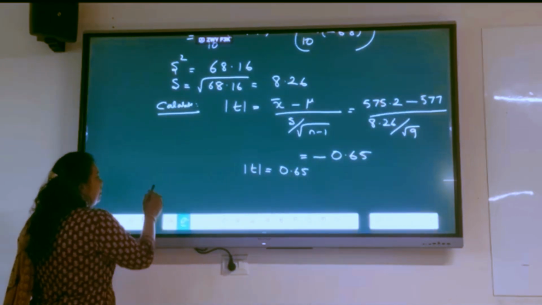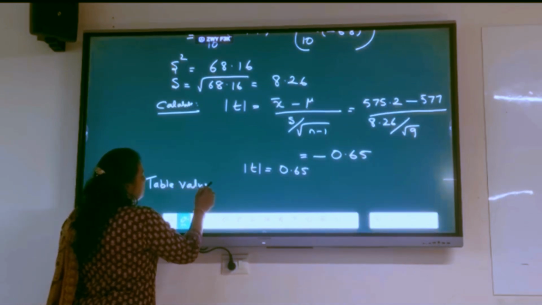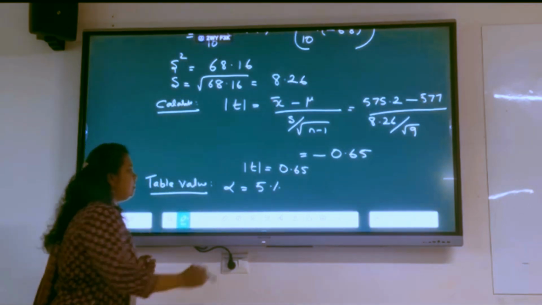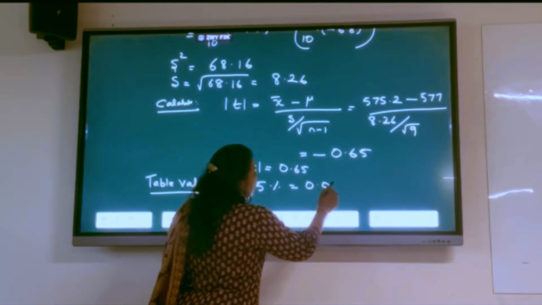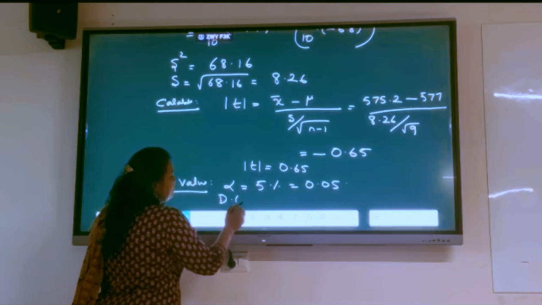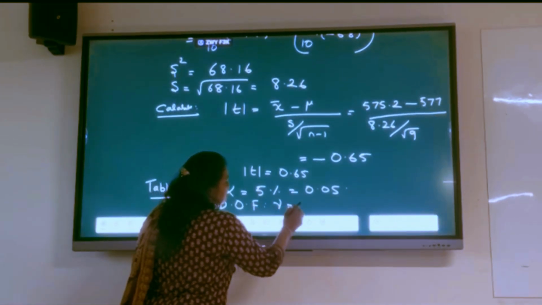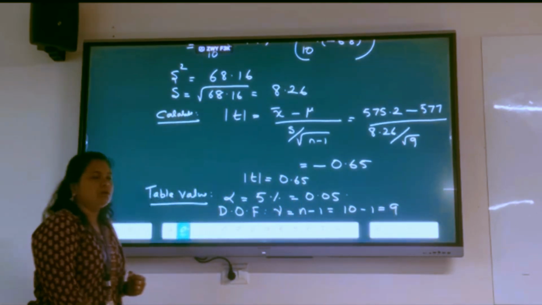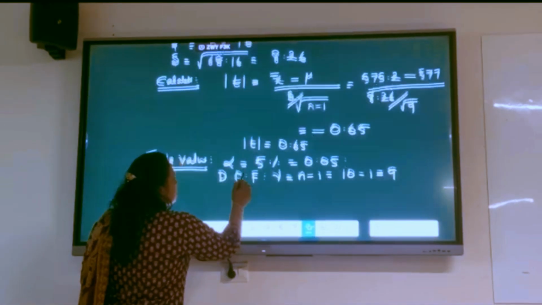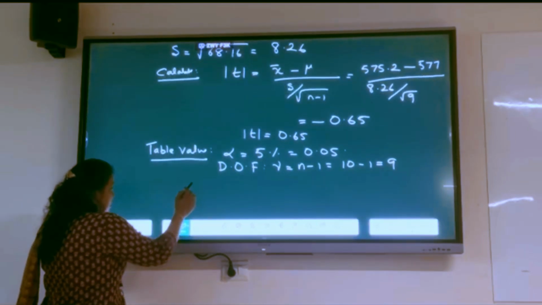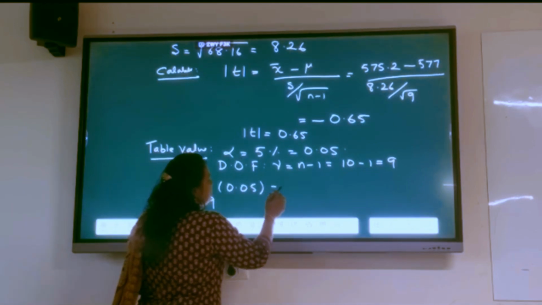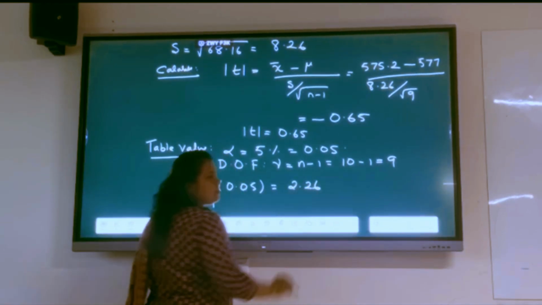Similarly, you have to calculate the table value. For the table value, alpha is 5%, which is 0.05, and the degree of freedom nu is n minus 1, which is 10 minus 1, which is 9. So for the t test, t9 at 0.05 is 2.26.